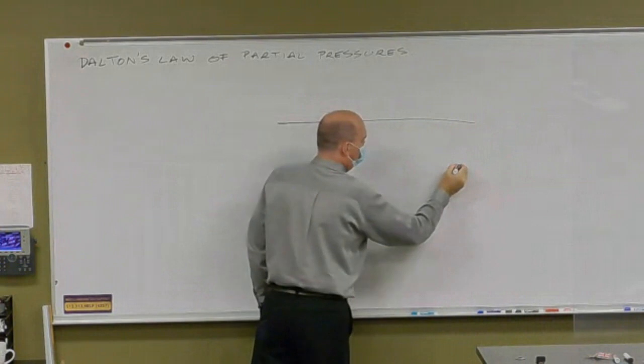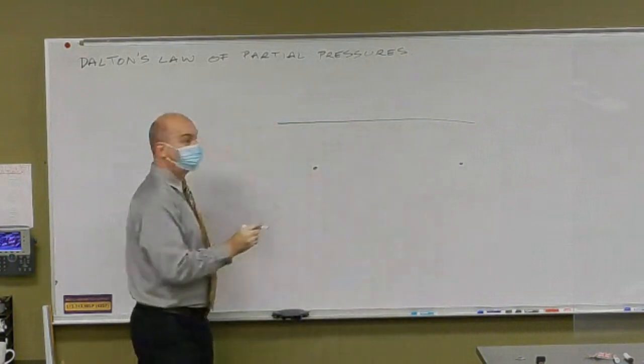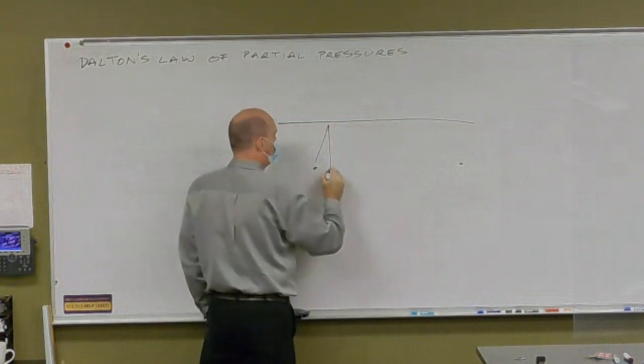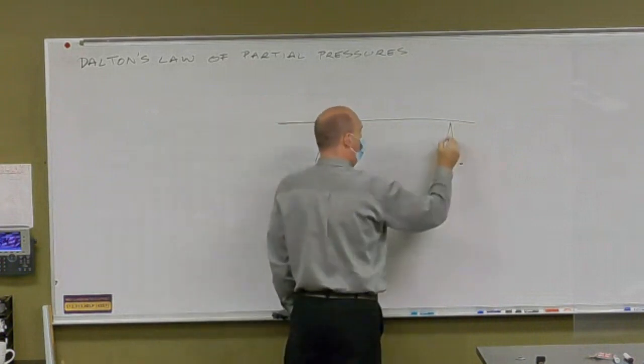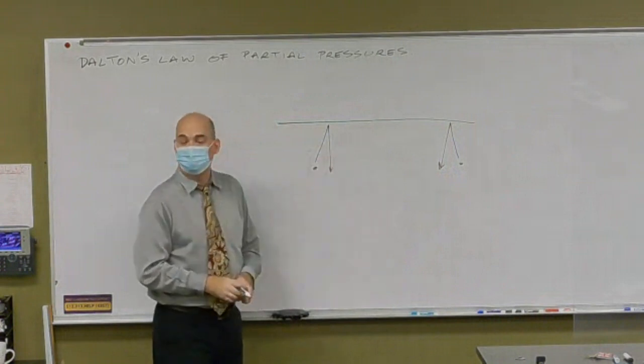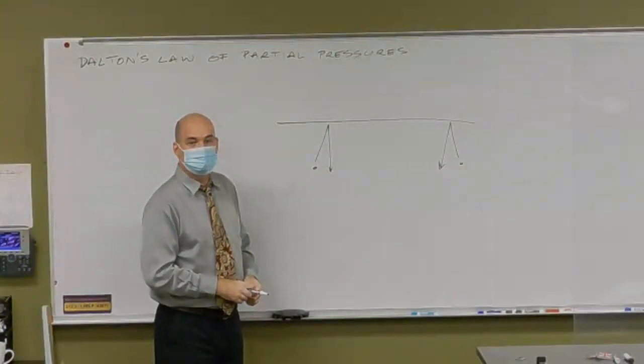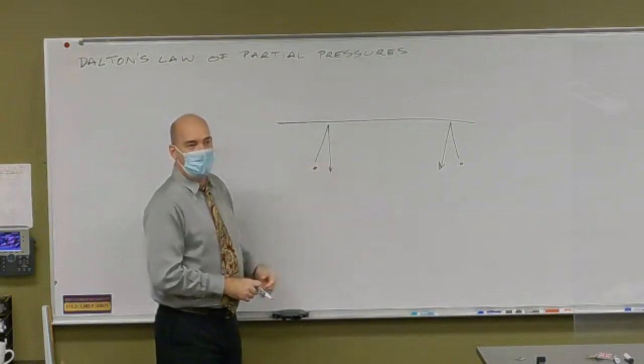And that's because gas behavior is really dictated by this. The distance between the particles is so much larger than the particles themselves that when this one bounces and that one bounces to create pressure, they're independent of each other. So it doesn't matter what the gas is. A mole of any gas occupies the same volume.